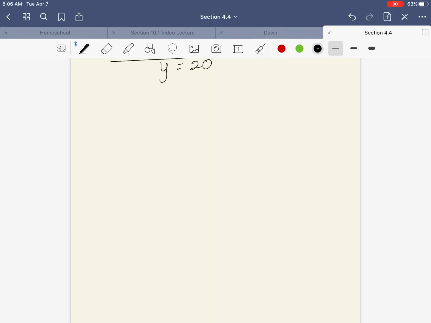All right, one more example. This is not an example in your book, but you will have a homework problem like this. So I'm going to make up my own example 6.